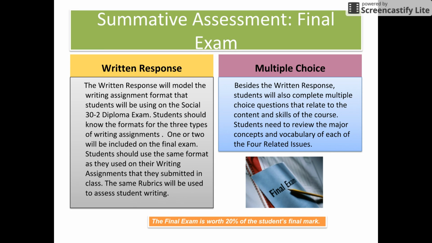One of the 3 types of writing assignments that they wrote during the course under written assignments, and on the related issue tests. So there will be 1 or 2 of them included in this final exam, and the rubrics will be the same as the ones that have been used all year to mark your other written work.